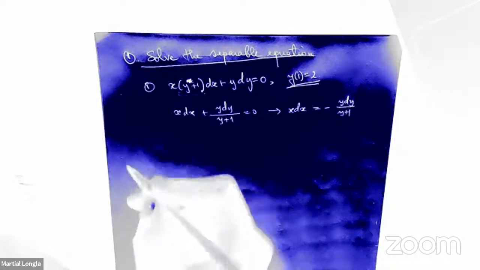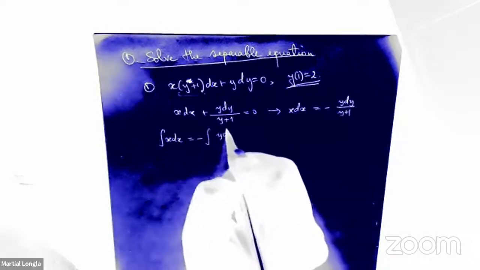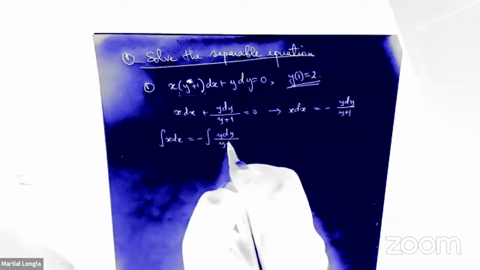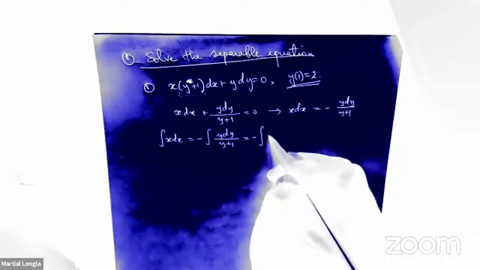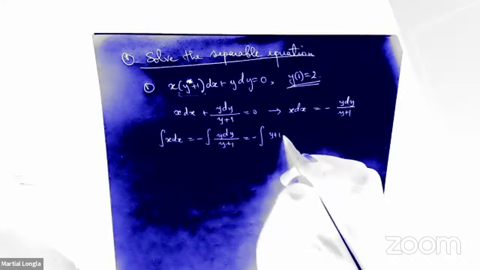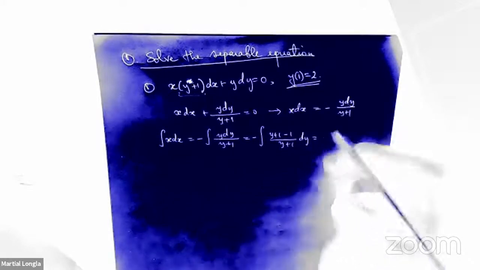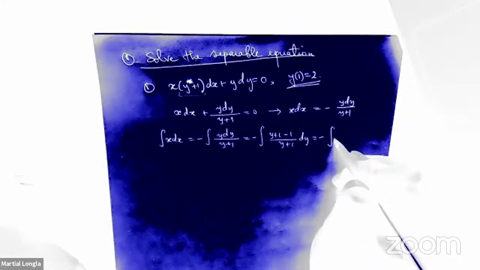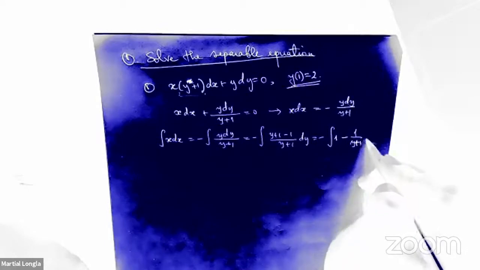Now, we integrate both sides. So that'll be the integral of x dx equals negative integral of y dy over y plus 1. For this integral, we write y plus 1 minus 1 over y plus 1 dy, which is negative integral of 1 minus 1 over y plus 1 dy.